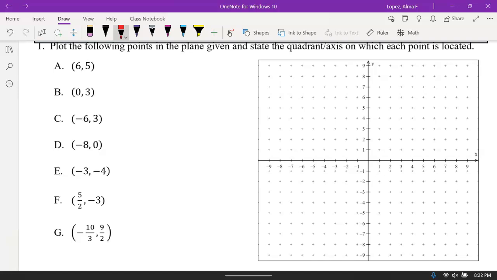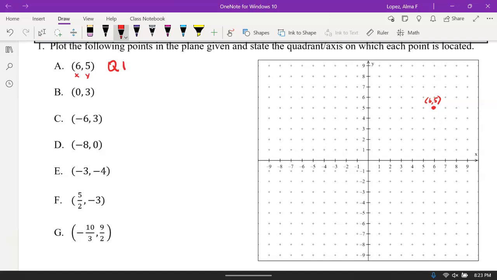So we'll start on the x-axis. 1, 2, 3, 4, 5, 6. Here's the x is 6. And after you get to the x of 6, you're going to go up 5. 1, 2, 3, 4, 5. This is point A, or the point 6, 5. What quadrant is that point in? That is in quadrant 1.